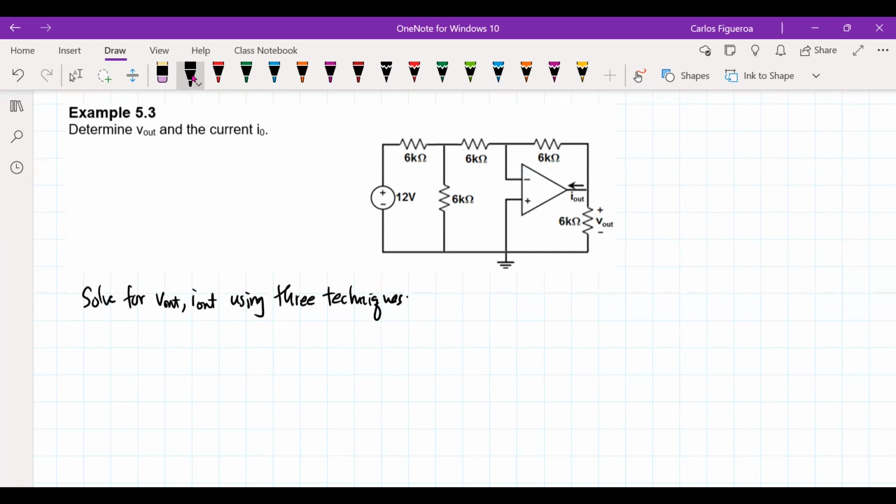I'm going to use source transformations, I'm going to use simple circuits, and then I'm going to use node. Here, the first one is that I'm going to use source transformations. And I'm going to use simple circuits.